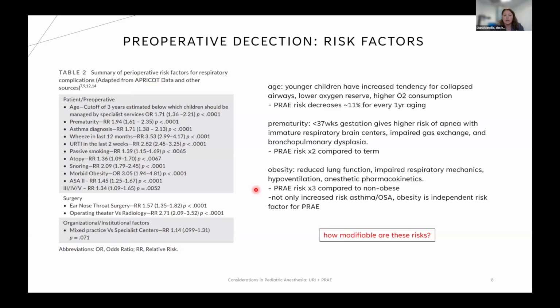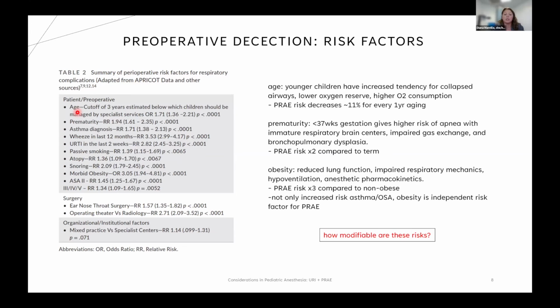So obesity, as a growing concern in American society, is something that I think further research will be targeted at in the later years, especially for this pediatric anesthesia population. But my question to the audience, and something I really wanted to think about, is how modifiable are these risks? A 3-year-old doesn't know that they're going in for elective surgery or emergent surgery at 3.